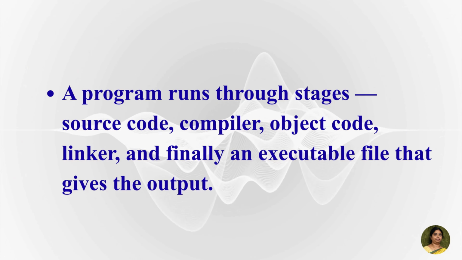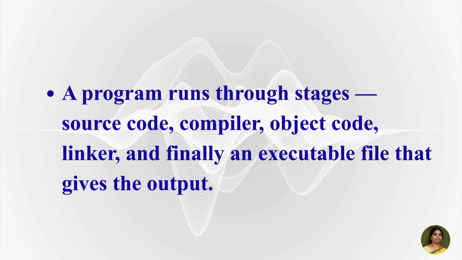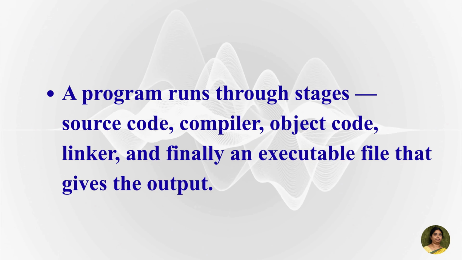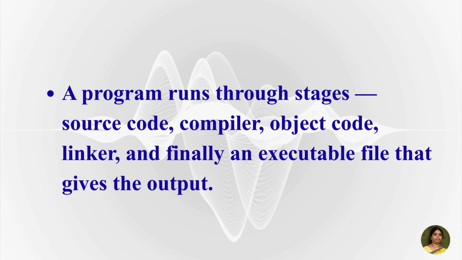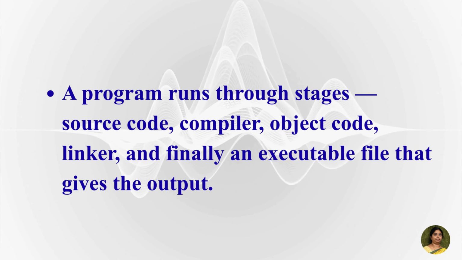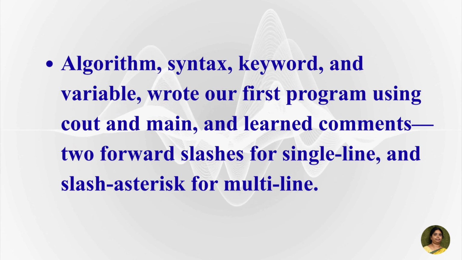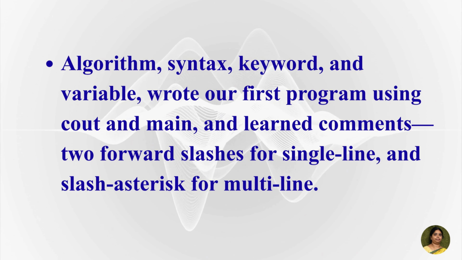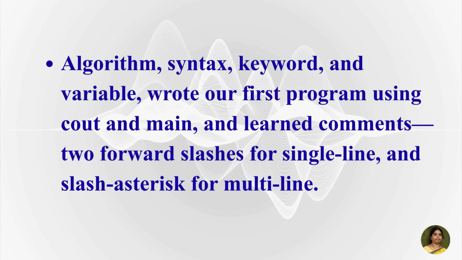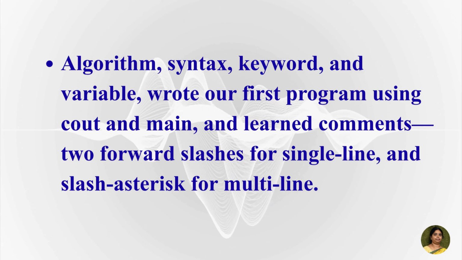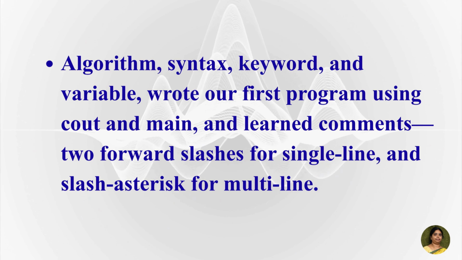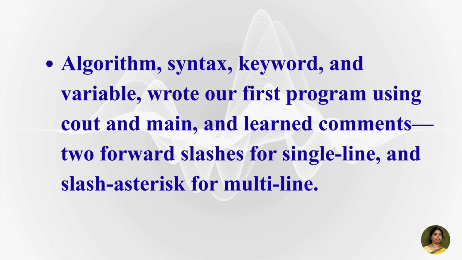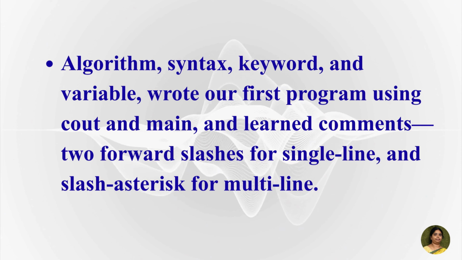Third, a program runs through stages: source code, compiler, object code, linker, and finally an executable file that gives the output. And fourth, we also covered key terms like algorithm, syntax, keyword, and variable. We wrote a first program using cout and main and learned comments: two forward slashes for single line and slash asterisk for multi-line. That's a recap.